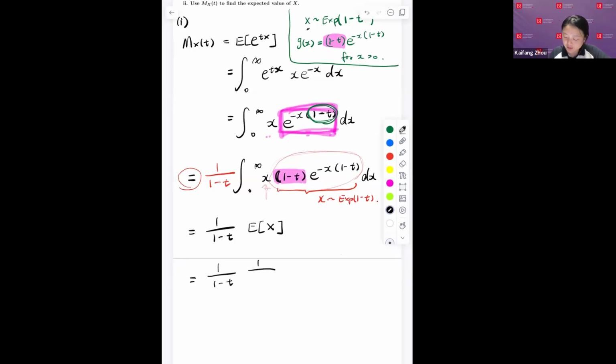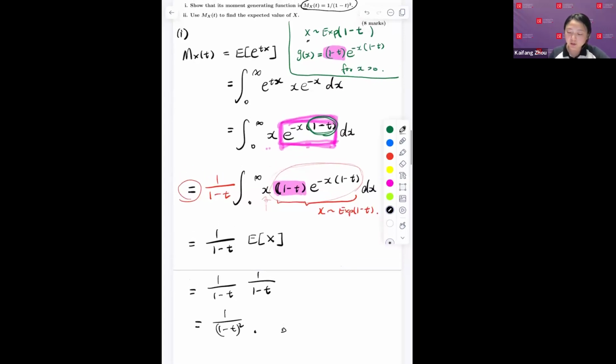So the expectation of x in this case will just equal 1 divided by 1 minus t. And then this completes the proof to show that the moment generating function in this case is equal to 1 over (1 minus t) squared. So we complete the proof.